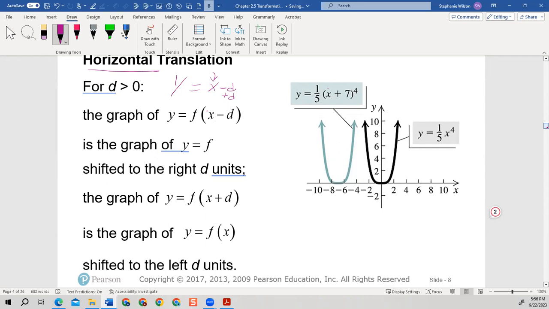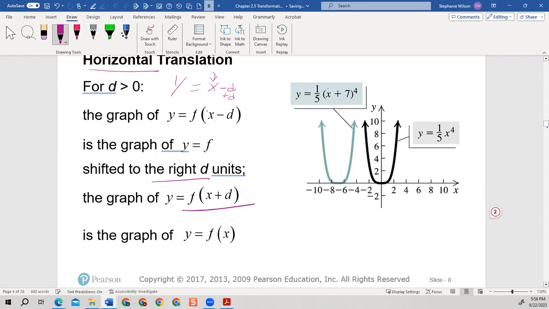If it is minus d, we're going to shift it to the right, d units. So however many d's it is. If it is a positive d, we're going to shift it to the left. So if you notice here, this example had a +7. So we had to grab this and move it to the left 7 units.